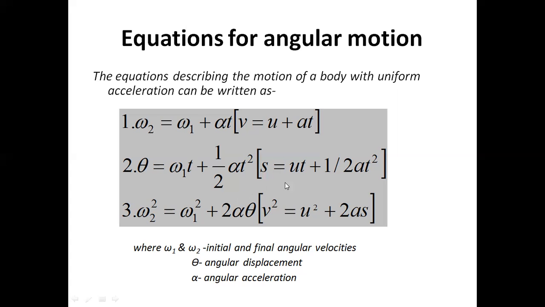Similarly, the second equation, s is equal to ut plus half at square, becomes theta is equal to omega 1 t plus half alpha t square, the second equation for angular motion. Similarly, for the third equation, replace the particular terms. So omega 2 square is equal to omega 1 square plus 2 alpha theta. So these are the equations for angular motion.